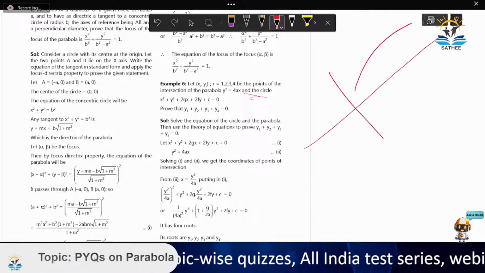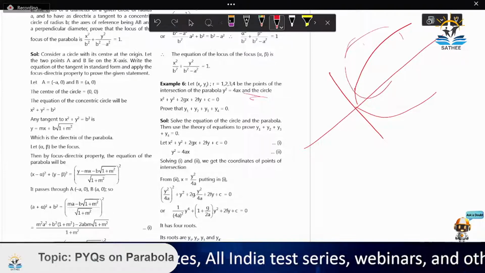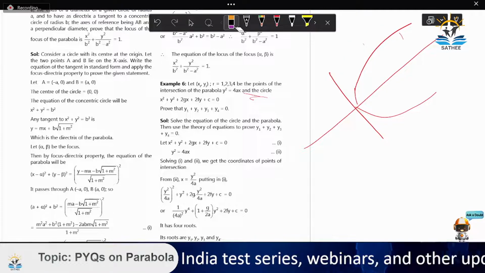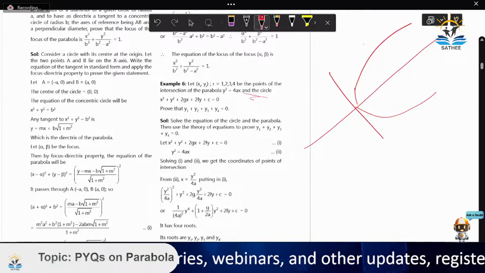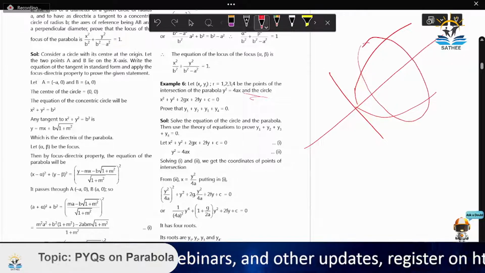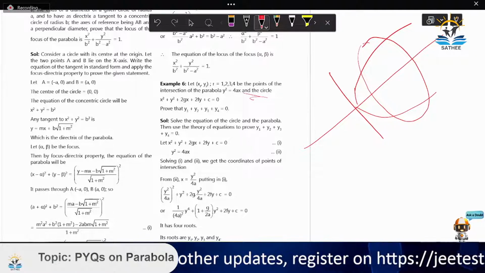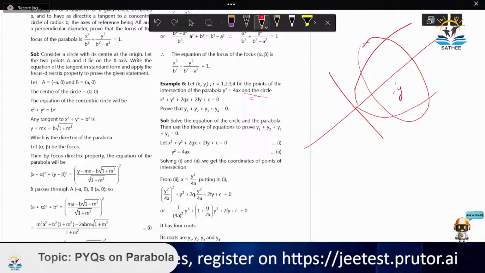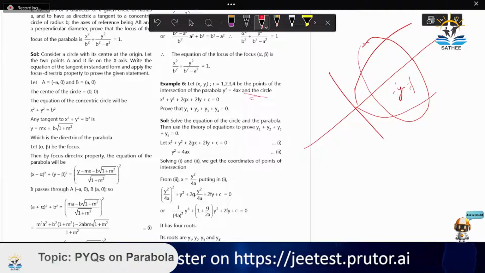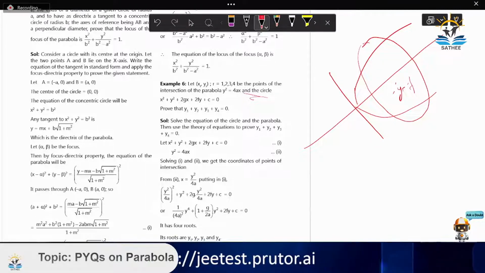We have a parabola, and we know its intersection points with a variable circle. This is the circle, and we know its center is minus g and minus f, right? It is intersecting at 4 points with the parabola y square is equal to 4x.